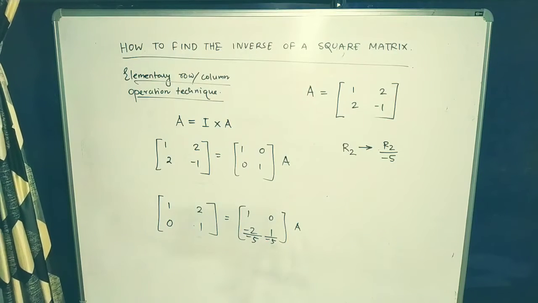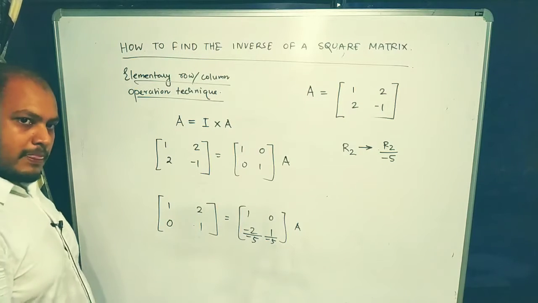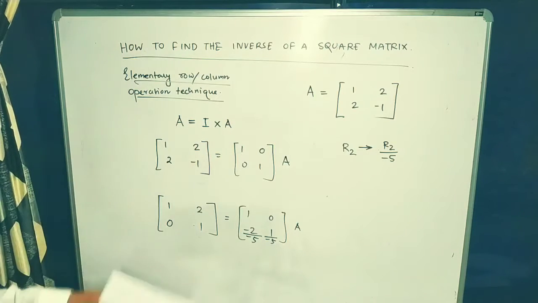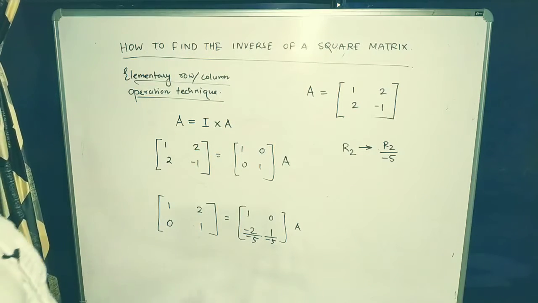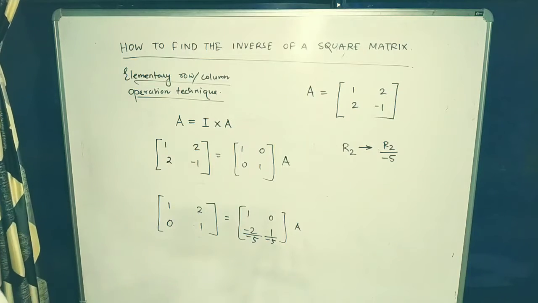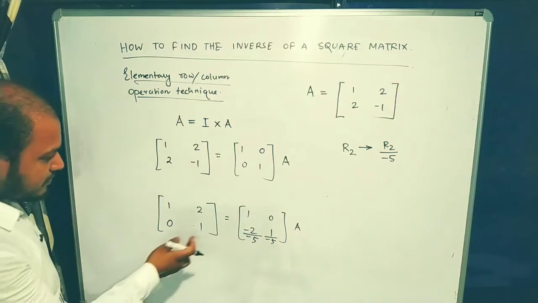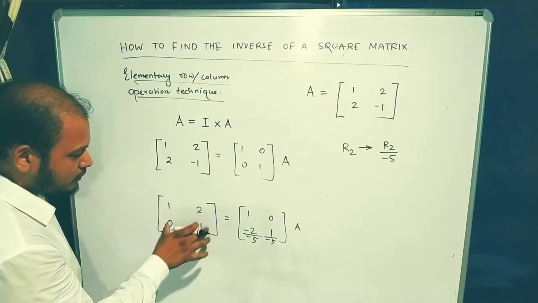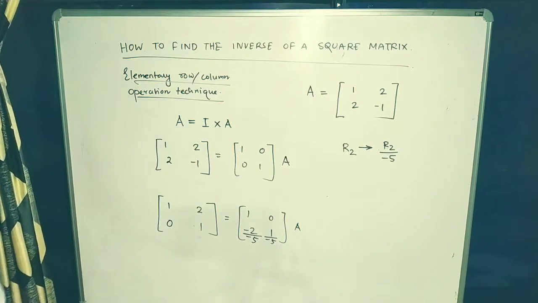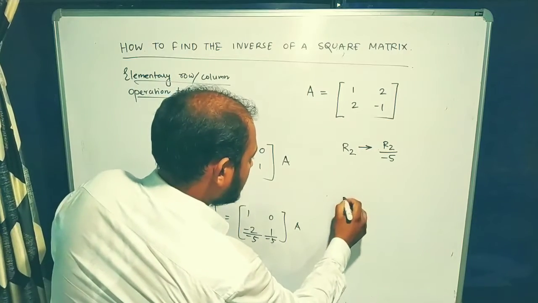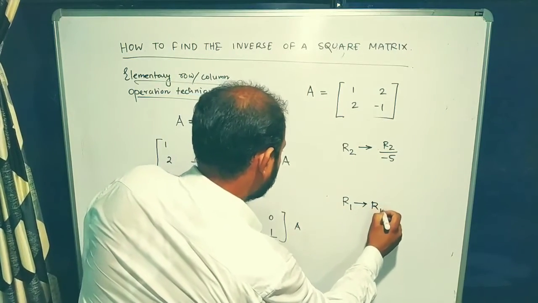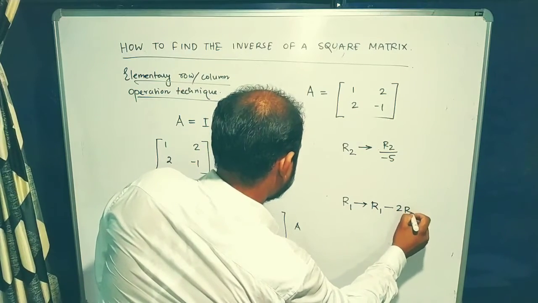How can we make this position 0? Think about it. Remember the third operation of elementary row column operation. The third operation was adding or subtracting one row with another row. So if I double this entire row and then subtract it from that row, what will happen? Take this: the first row becomes first row minus 2R2.